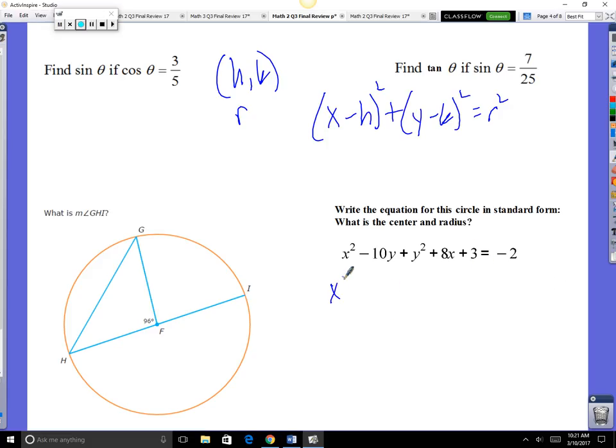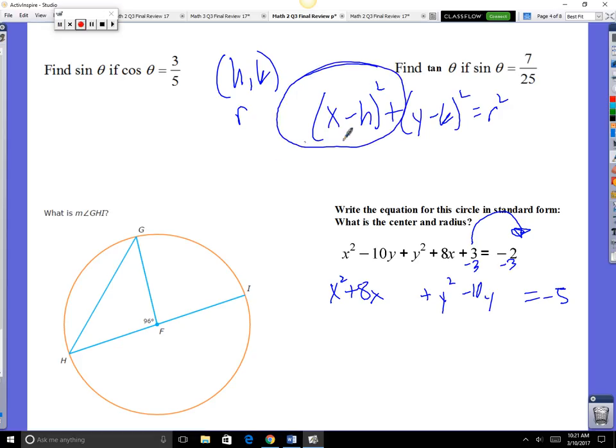So I'm going to go x squared plus 8x, and y squared minus 10y, and I'm going to take the 3 over here, because that's going to hang out with my radius. So minus 3 equals minus 5. Now you've got to use a little manipulation, because you need to make it look like a perfect square.